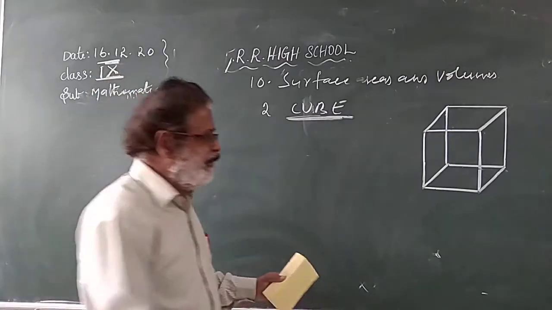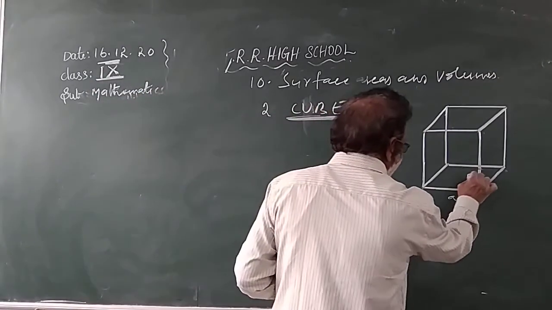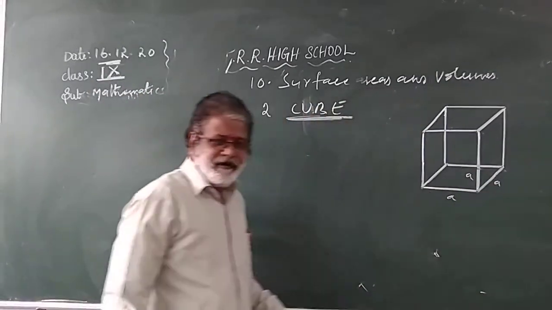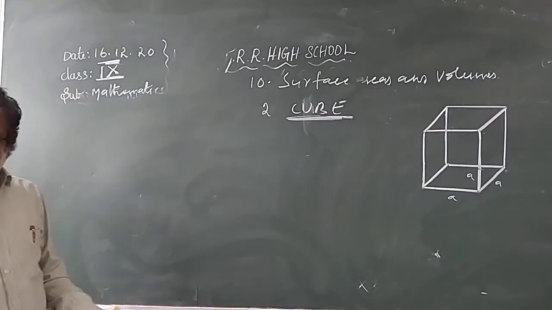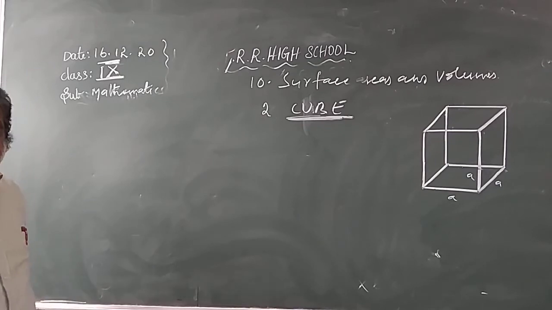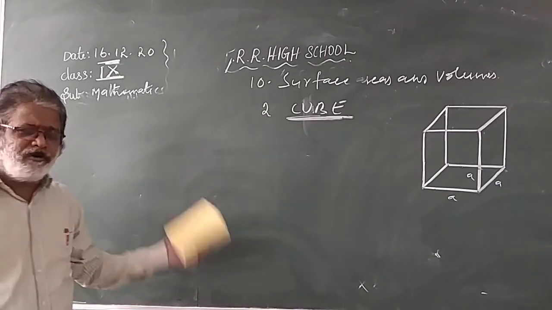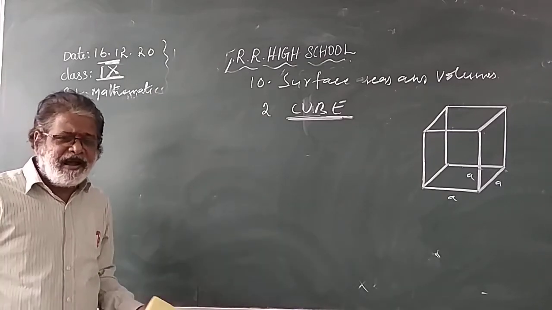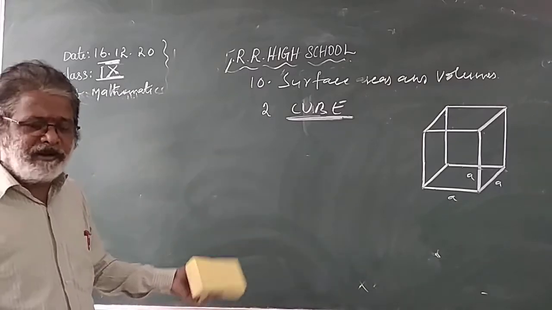L, B, H are equal. This is A, this is A, this is A. Suppose the length is A, breadth also A, height also A. All dimensions are equal in the cube. It has 4 lateral faces and 6 total surfaces.